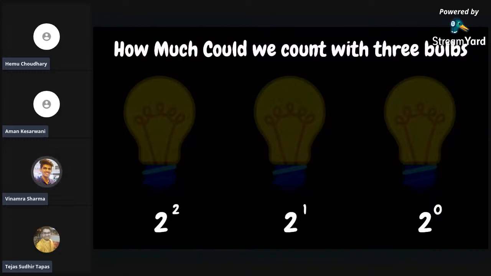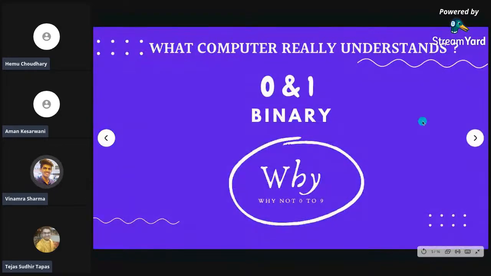I'm taking 3 bulbs at a time. This is bulb 1, this is bulb 2, and this one is bulb 3. Now, you all might ask what these numbers are. I have written 2 to the power 0, 2 to the power 1, and 2 to the power 2. As you know, in binary we only have two numbers, 0 and 1.